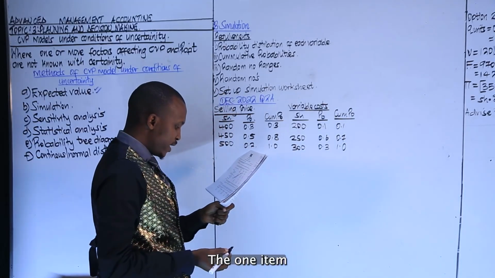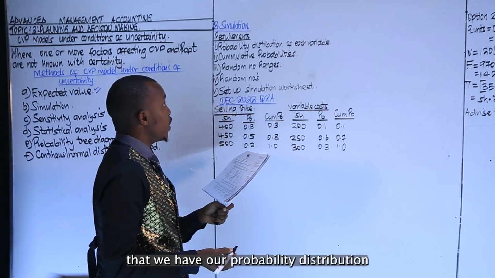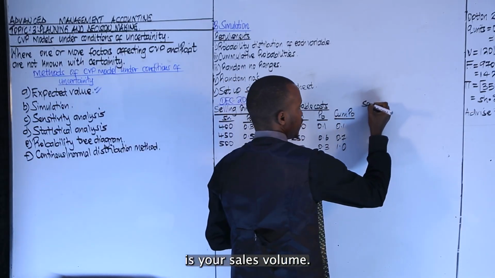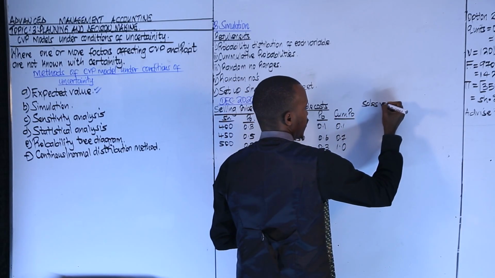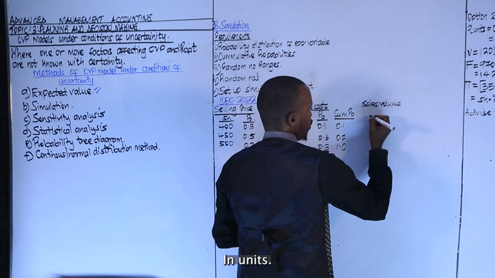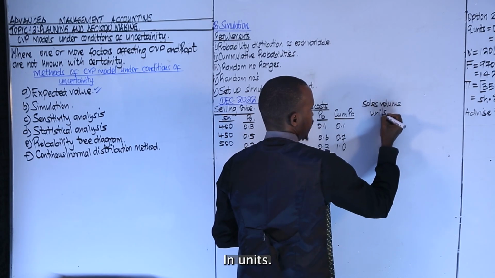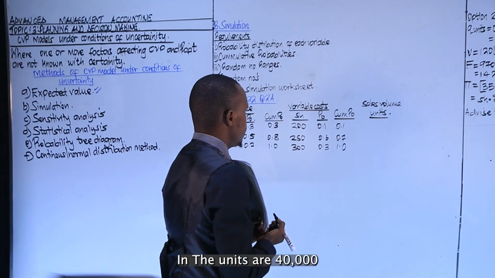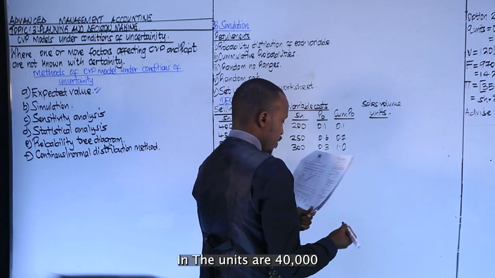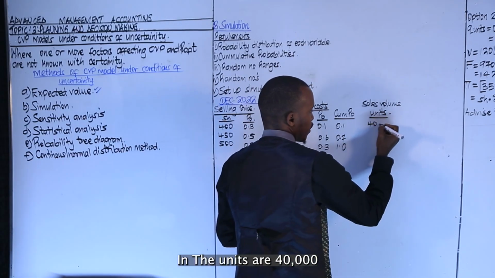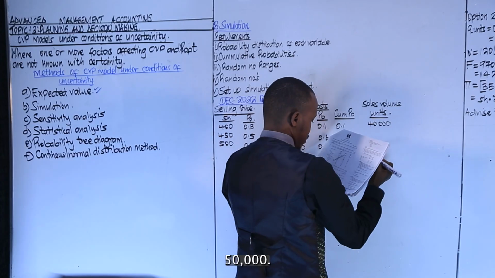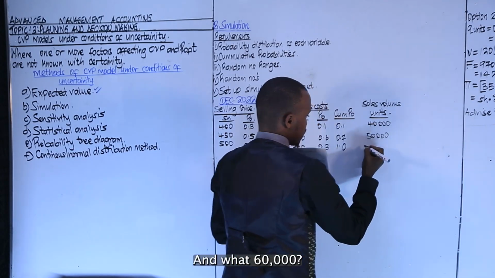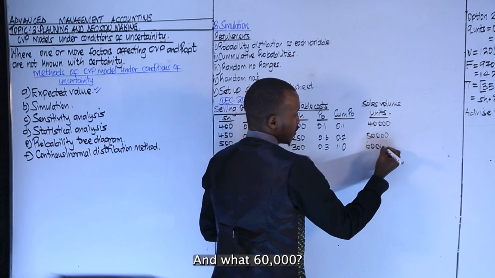The third item for which we have our probability distribution is your sales volumes in units. The units are 40,000, 50,000, and 60,000.